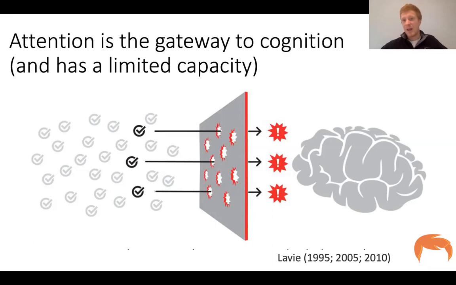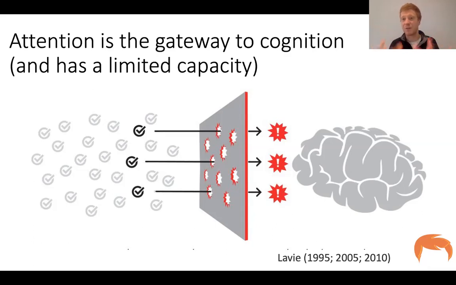Conversely, if you can get a student to focus on the task relevant material, and if your task relevant material, let's say it's these 3 ticks that we've got here, is helping to occupy and fill up their attention capacity, actually, not only do you get the benefits of that, but they will become resistant to distraction by other stimuli, task irrelevant stimuli, purely by virtue of the fact that their capacity is already full.